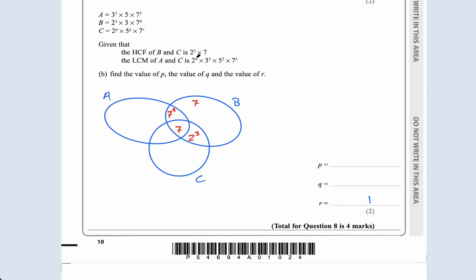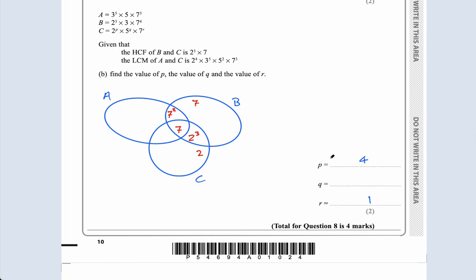So there's another 2 that has to go in C, because now that gives me the 2 to the power 4 in the lowest common multiple of A and C, because there is none here in A. So this 2 to the P, I now have, it is 4. So P is equal to 4.